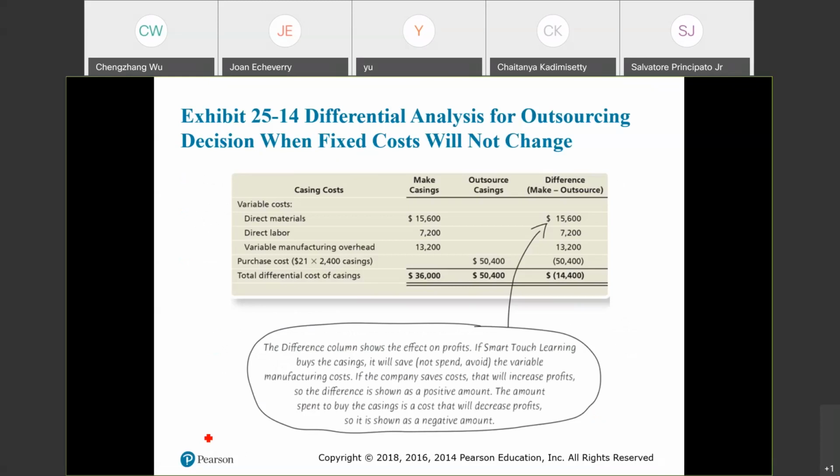So let's take a look. How do these considerations apply to this company? By purchasing the cases, Smart Touch Learning can avoid all of the variable manufacturing costs.